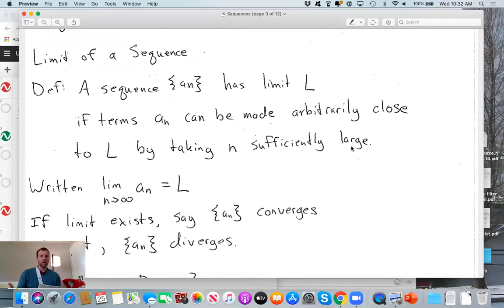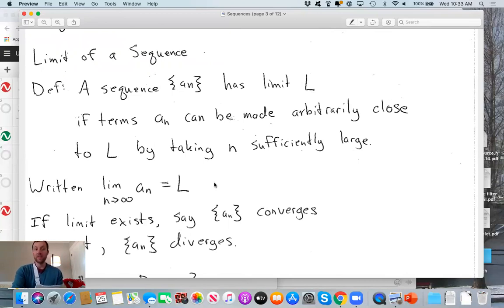This terminology appears in Calc 1, and the idea is that you can make a sub n as close to L as you want by going far enough out in the list. Or said another way, as you go further and further out on the list, you get closer and closer and closer to L.